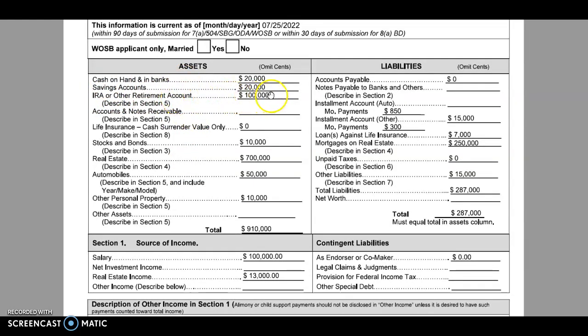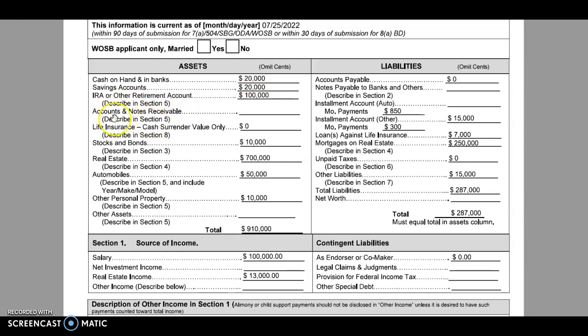Now, in that section down below, you're going to want to define what it is. If you have multiple 401k accounts, you'll say, for example, Edward Jones, $50,000, Ameritrade, $50,000, and then you'd put in $100,000 here. Again, we're only looking for retirement assets on there. If you have a pension, I would probably put a comment of a pension down there, and if there's any value of the pension, I would also put that under this section.